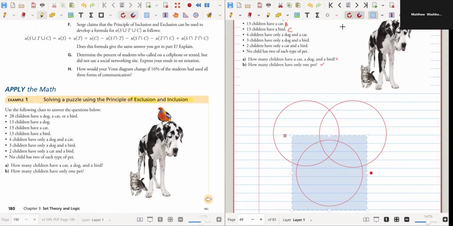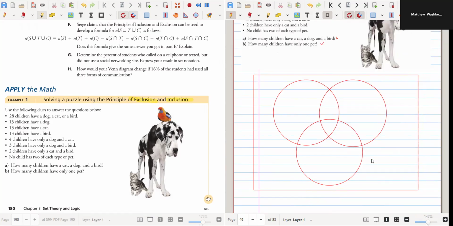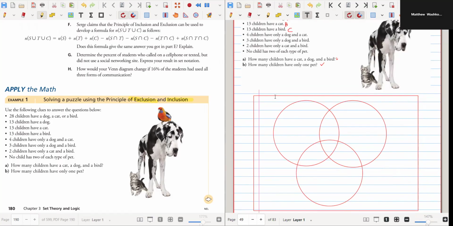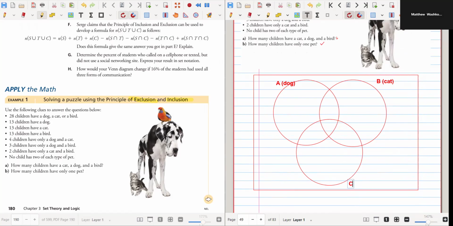And then again, all included in a box. All right, there we go. So we're going to say that this one here is A, which we said was dog. This one here is B, which is cat. This one here is C, which we said was bird. You know what? No, let's keep it simple. B means bird, C means cat. Dog's just going to have to be A. It's just what we got to deal with.